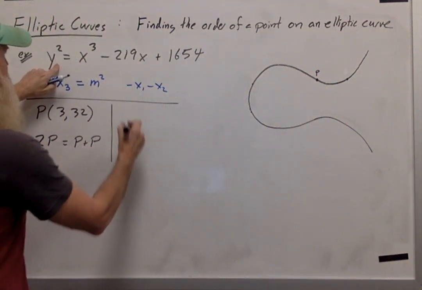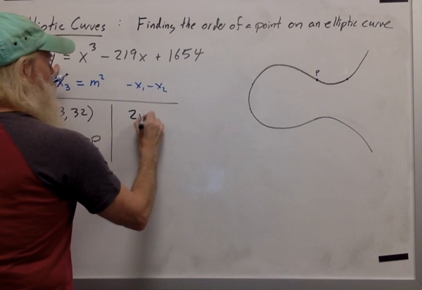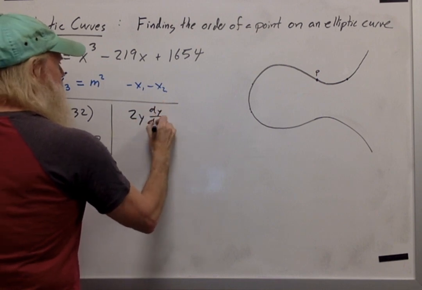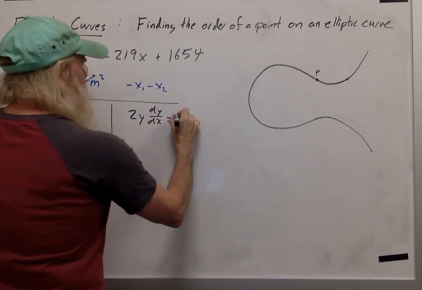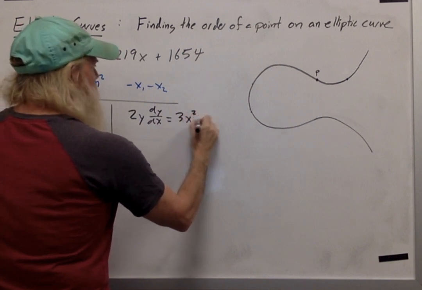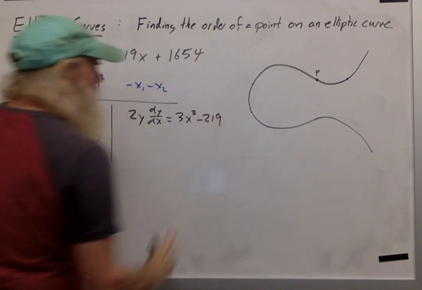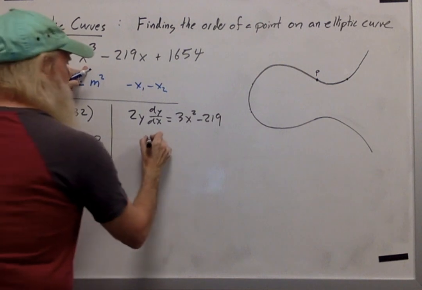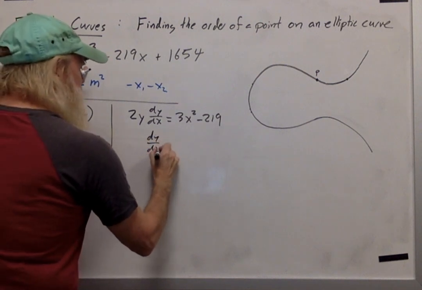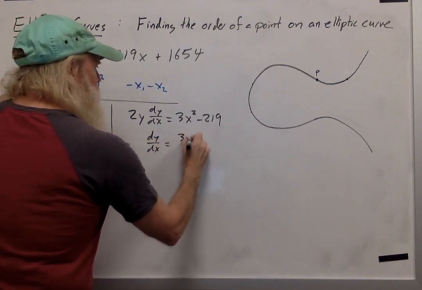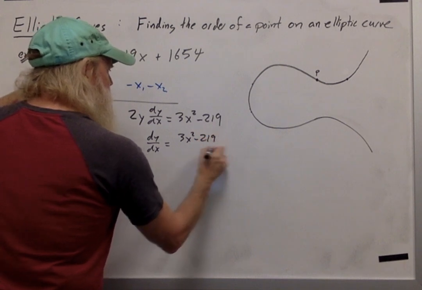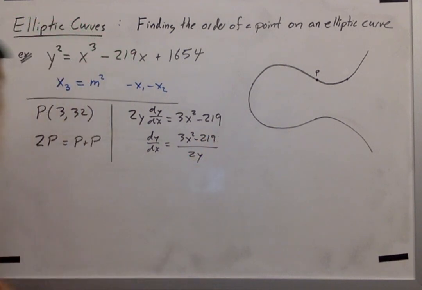Using implicit differentiation, we have 2y dy/dx is equal to 3x squared minus 219. So dy/dx is equal to (3x squared minus 219) divided by 2y.